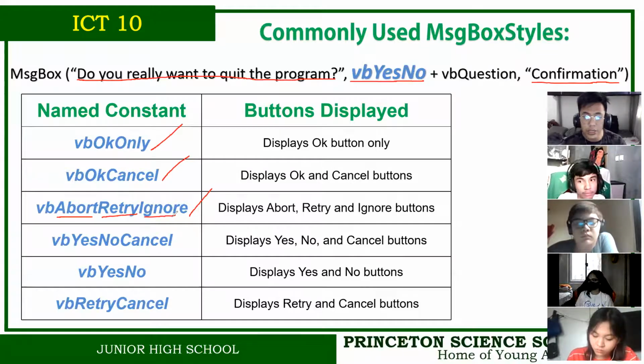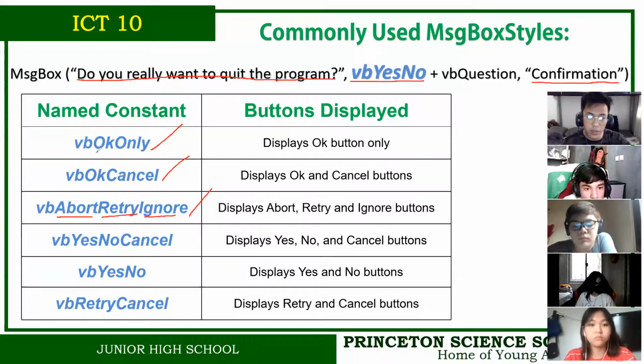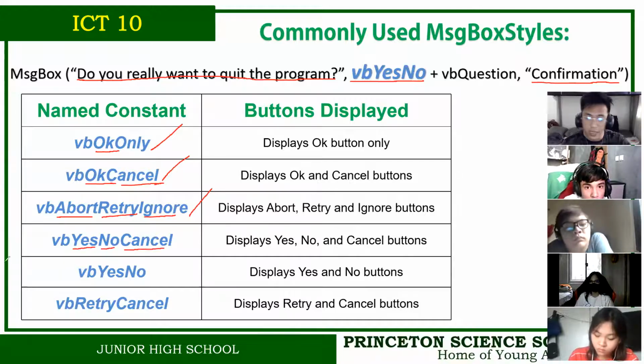In other words, these are the additional buttons inside your message box. So this is okay only, okay cancel. This one is abort, retry, and ignore. This one is yes, no, cancel. The one that we used earlier, yes or no. And then we have the retry and cancel.